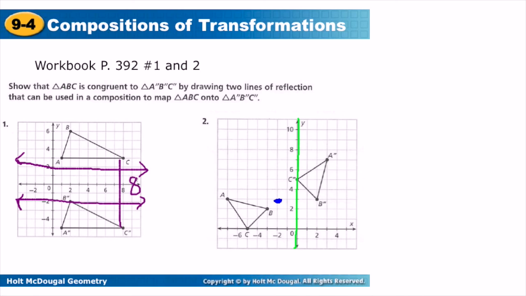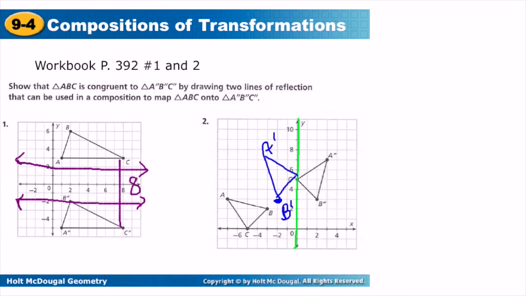So we're going to go ahead and, just like in kindergarten, connect our dots. So here you have A, B, and C, but that's your original prime unit. So if I want to figure out then where my next line of reflection is, then I need to look at my image versus my pre-image.